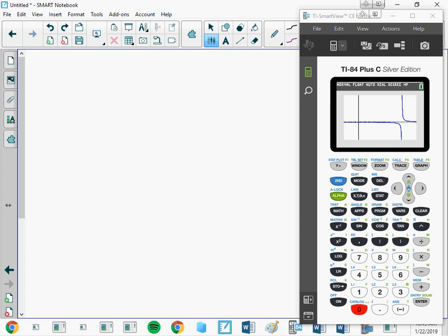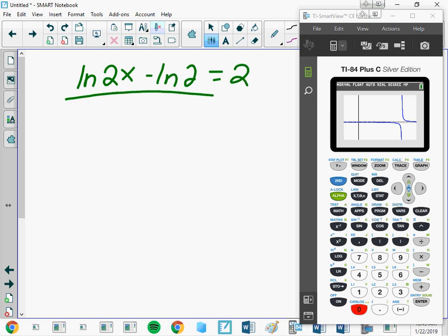Okay. 13. The ln of 2x minus the ln of 2 equals 2. I'm going to put those together using the quotient rule. So the positives go on top. The ln of 2x goes on top, and 2 goes on bottom, equals 2.